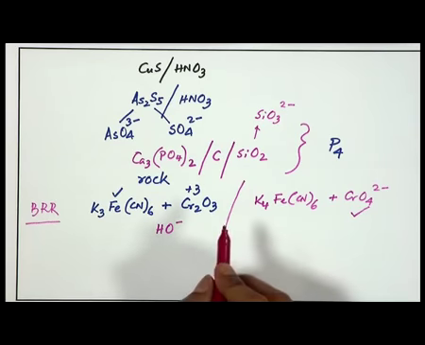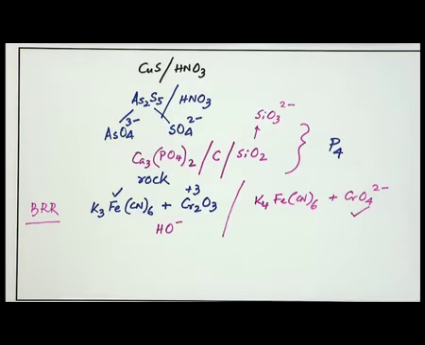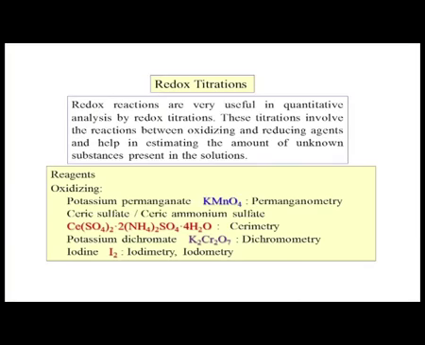Now, quickly we should see how these balanced redox reactions can be helpful for our redox titrations. Redox titrations are the utilization of redox reactions for this particular purpose, that means how we can handle a particular redox reaction for titration purpose. Titration means how we can find out the unknown concentration.